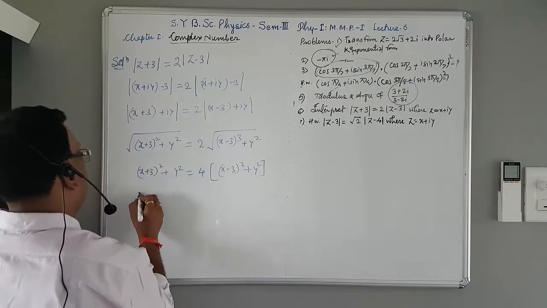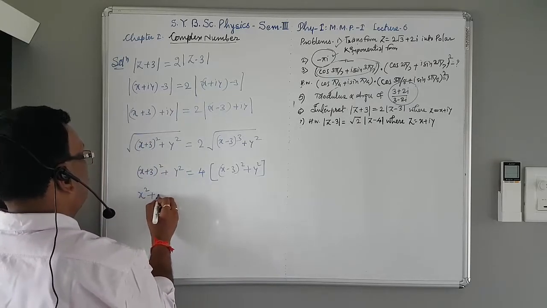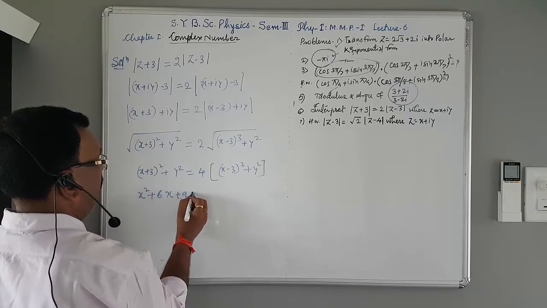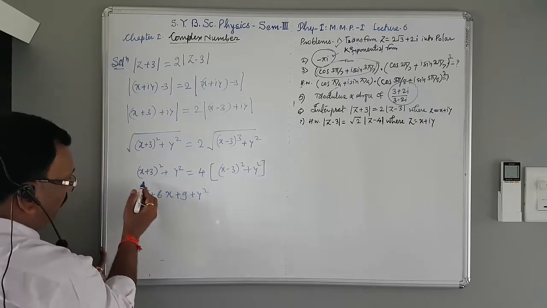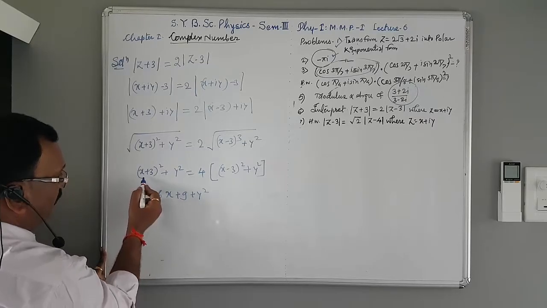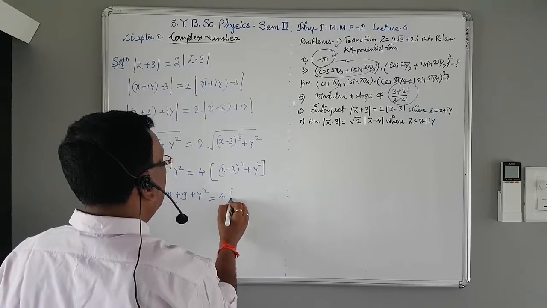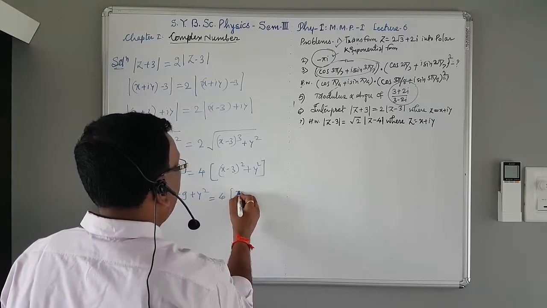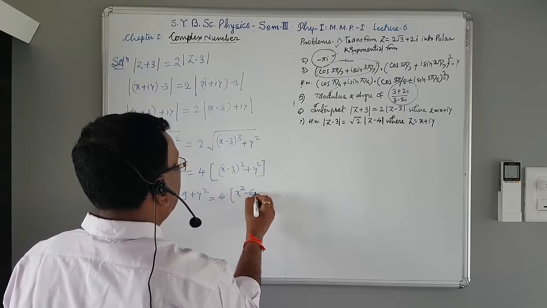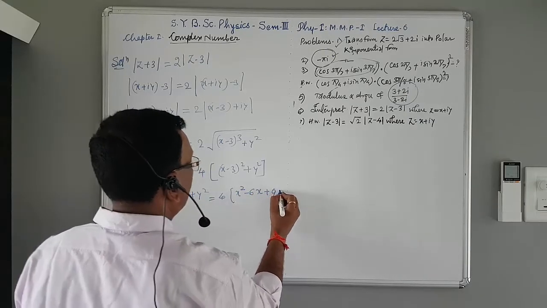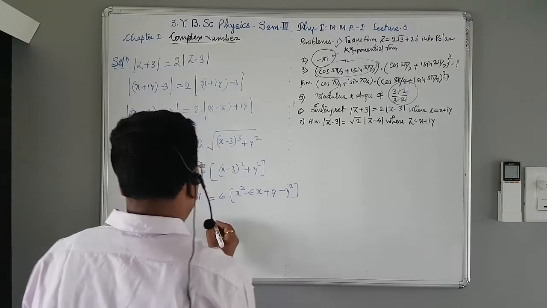So this time we get x square plus 6x plus 9 plus y square. Solve this term like (a plus b) whole square, we get this term. Then 4 into, in a similar way, x square minus 6x plus 9 plus y square.